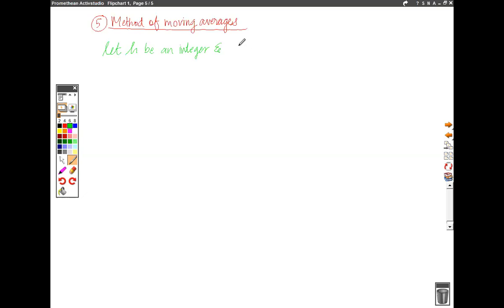And I'm defining some another random variable altogether by t, which takes this value. So this looks complicated right now, but we're going to understand this using a simple example.